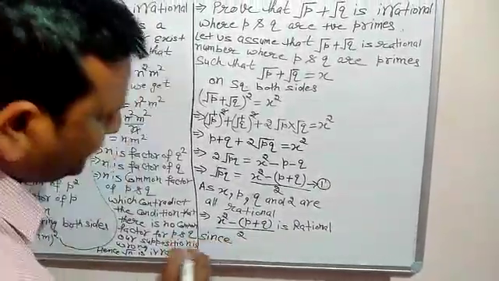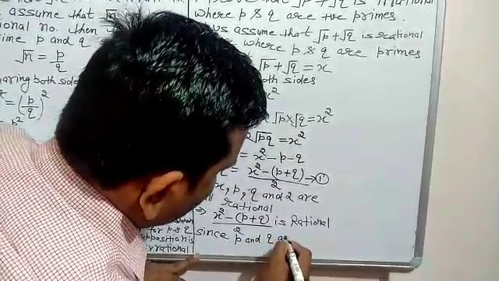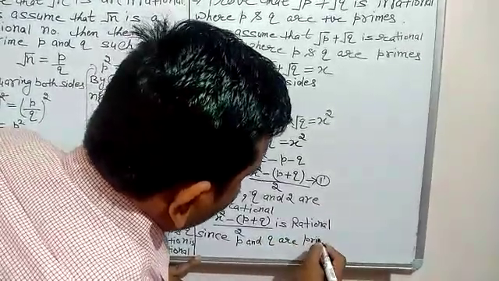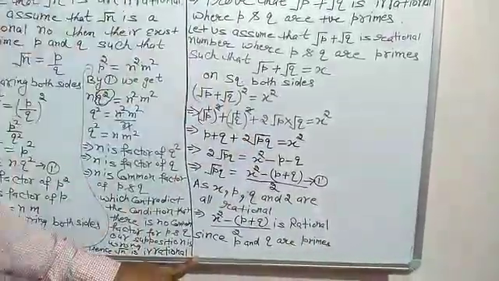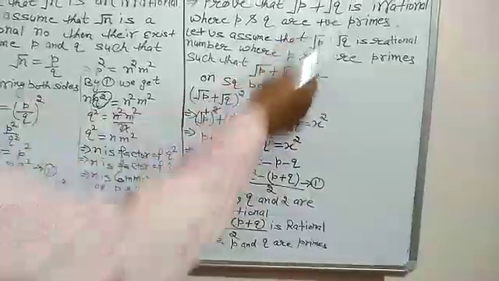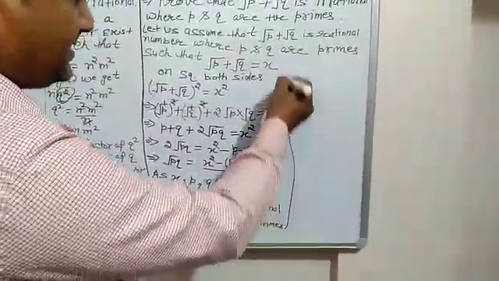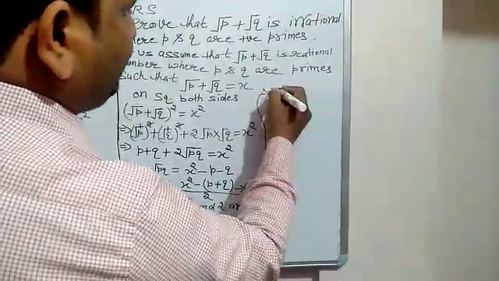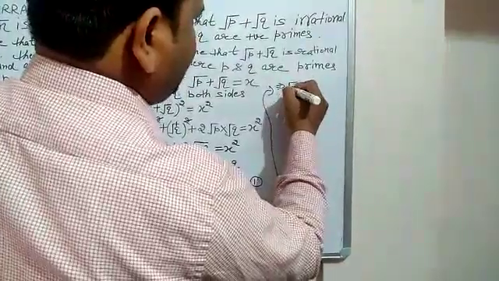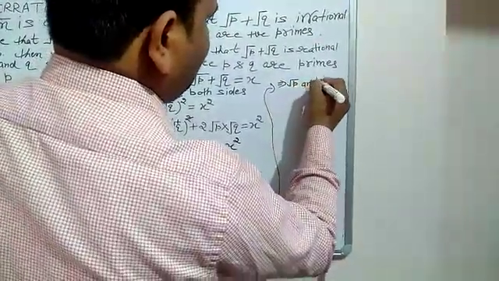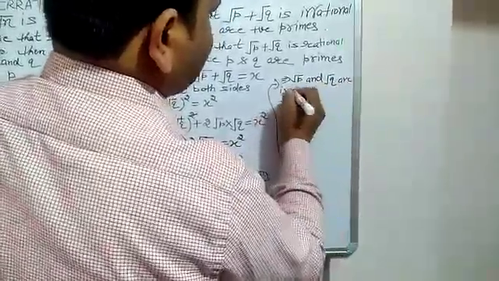Since p and q are primes, a very important concept I tell you, according to the question they are positive primes. So I am going to write here, students, it implies that under root p and under root q are irrationals.